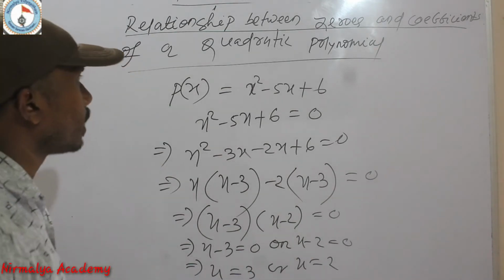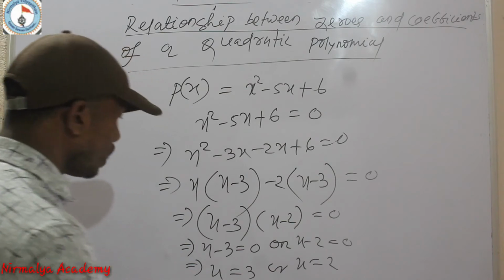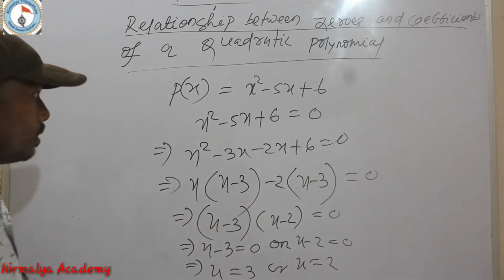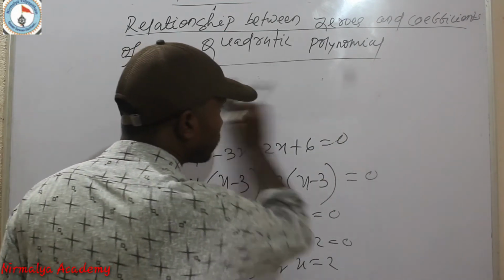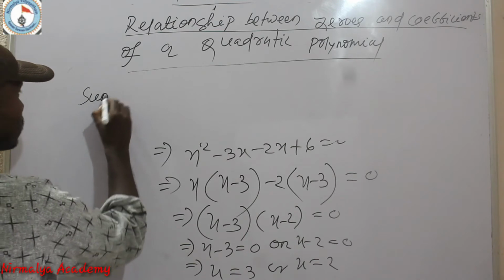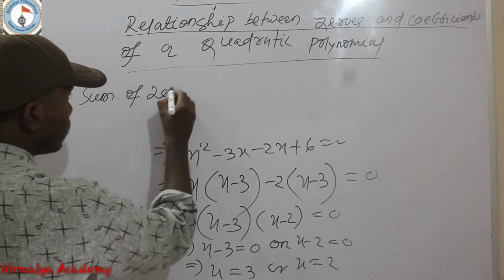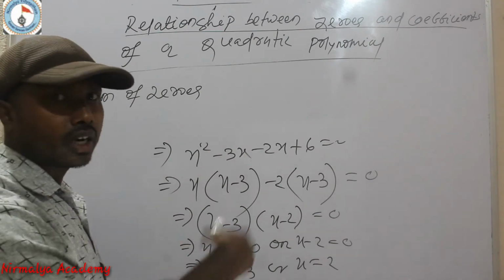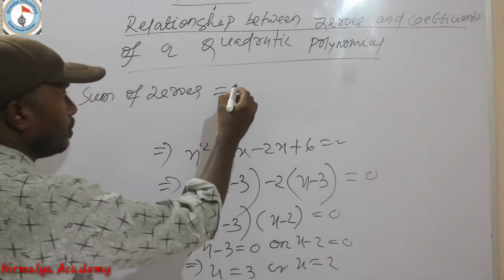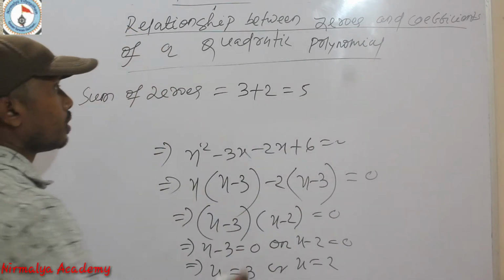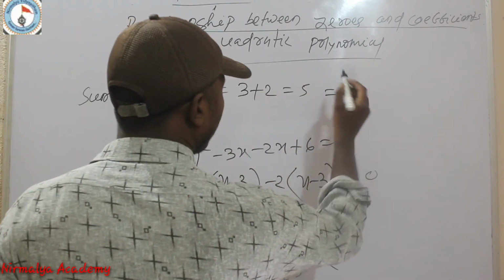Now we find the sum of zeros of the polynomial. Sum of zeros equals 3 plus 2. One zero is 3 and another is 2, so their sum is 3 plus 2 equals 5.